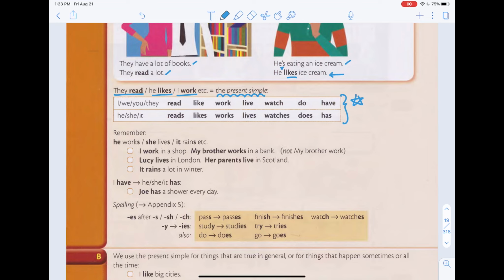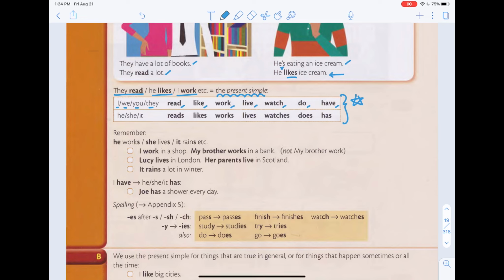So when you are speaking in a sentence, or if in a sentence you are using these words, which is I, we, you, they. So basically what I mean is if you're talking about more than one person, we and they, or you're using I, or you're using you, then you would use the words that are like read, like, work, live, watch, do, have.